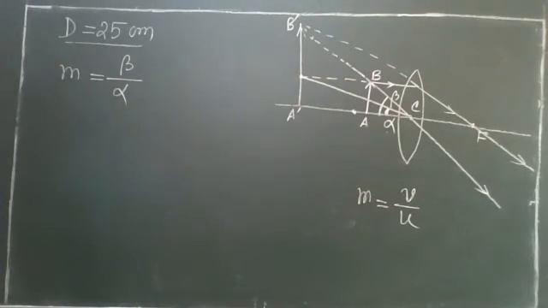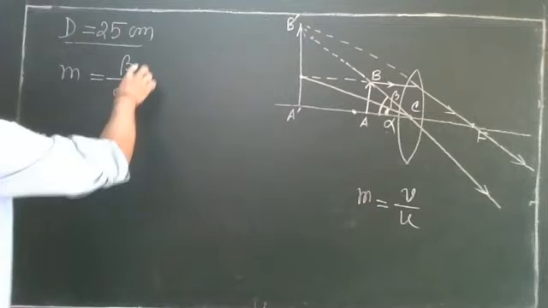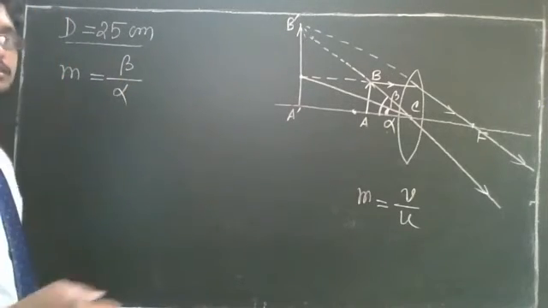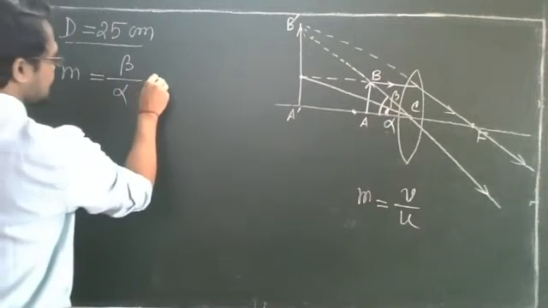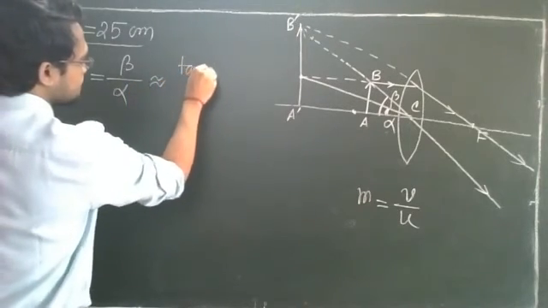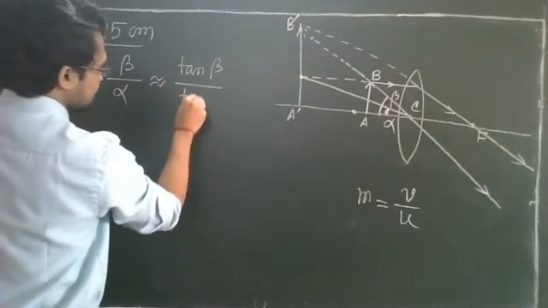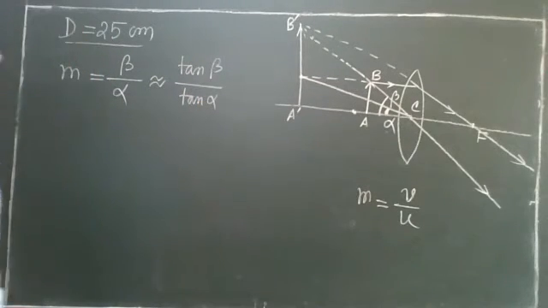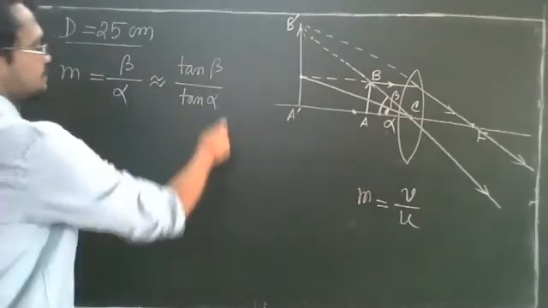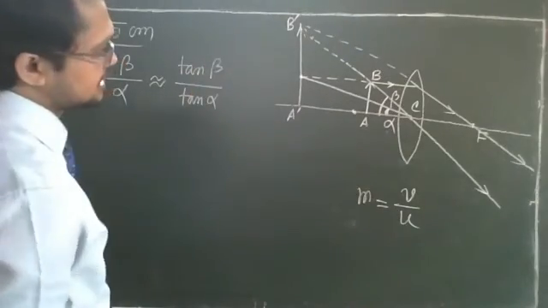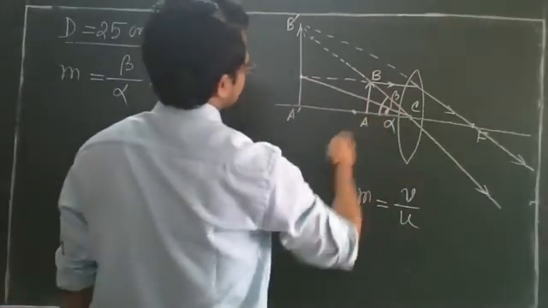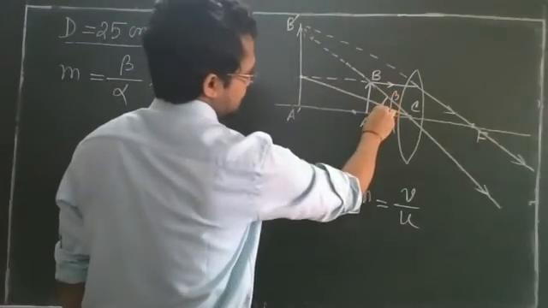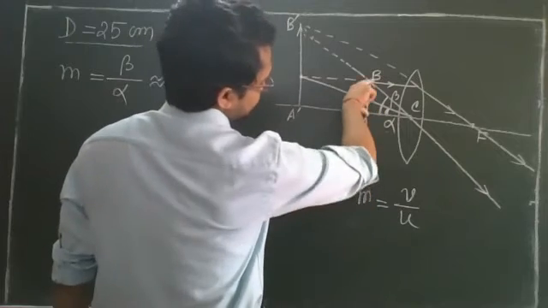Now if beta and alpha are very small, you will mention this thing, then we can write M equal to tan beta by tan alpha. Now write tan beta. What is tan beta? We will write tan beta in terms of AB.